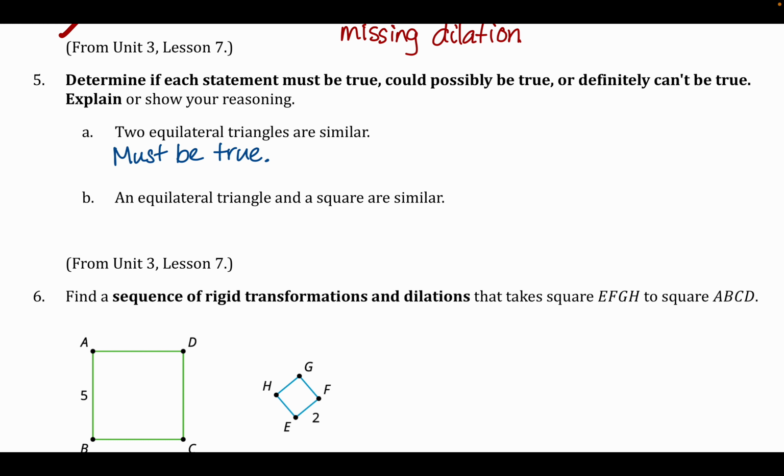So we would have, I guess, ASA triangle congruence here after a dilation. So we would say all angles are 60 degrees and can be dilated by a scale factor.